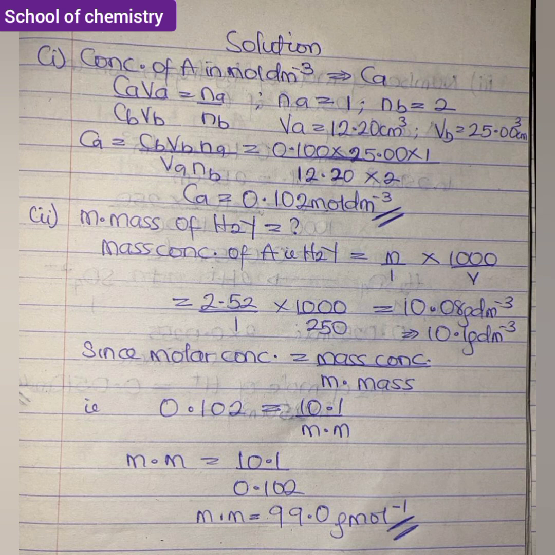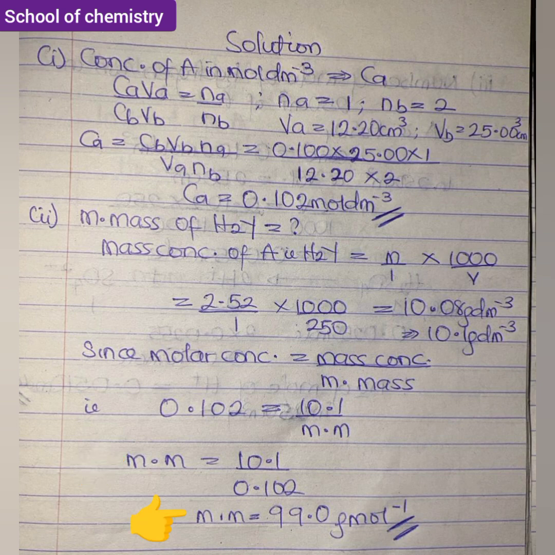So my molar concentration is already derived from the first question, and that is 0.102 mole per dm cube. My mass conc is the one that was just derived, that is 10.1, over molar mass. So from there we make molar mass the subject of the formula. That means molar mass will be equal to 10.1 divided by 0.102.